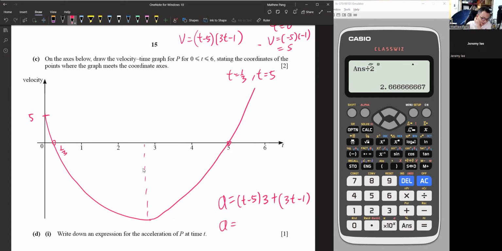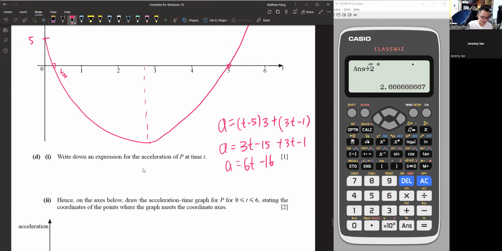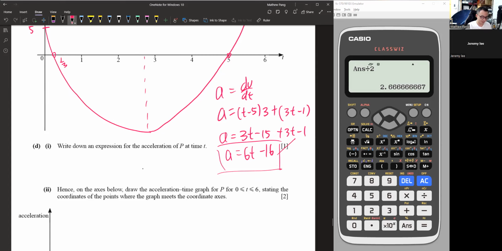Alright, so my a is basically (3t minus 1)(5) plus (3t minus 5)(1)... so it is 6t minus 16. Okay, so I hope I didn't make any careless mistake. I already write out the expression for a, because I do dv/dt. Here maybe I write again, a equals dv/dt, then I do the product rule for it, right? So I get the a equation, 1 mark.